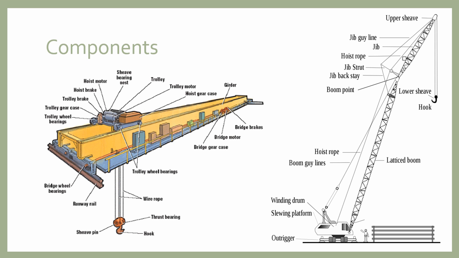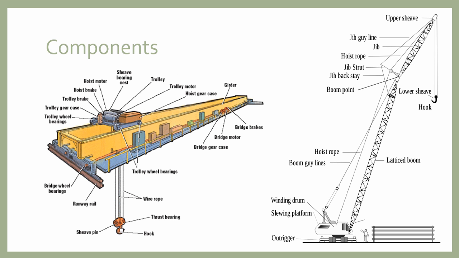This one is the hoisting rope. This one is the jib strut. This one is the jib backstay, and here is the boom point. And here is the hoist rope, and here is the boom guy line. These are the basic key components of the crane.